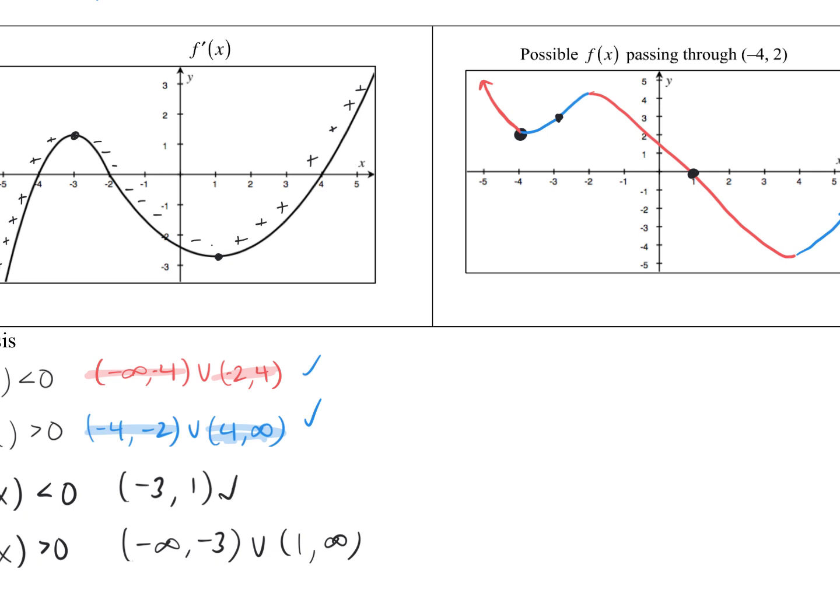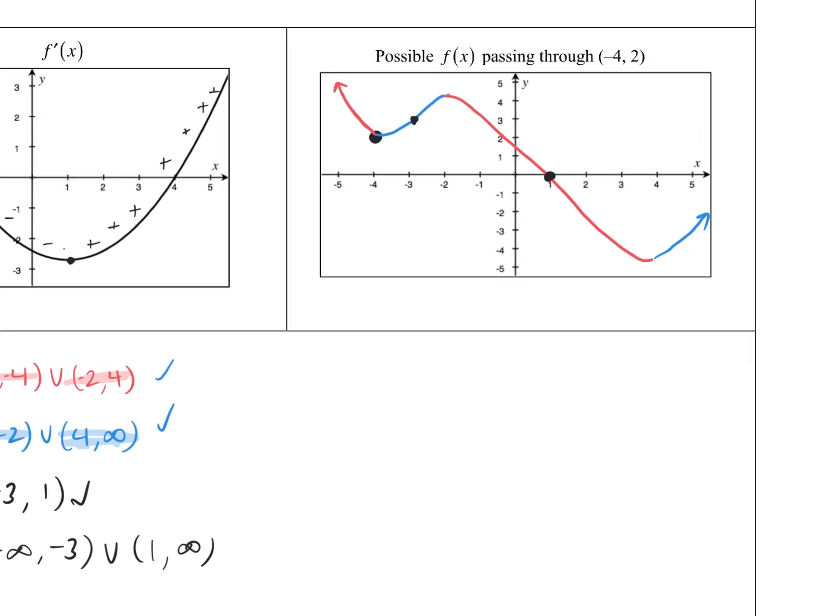Okie dokes. And then it is concave up on the intervals -∞ to -3. So right here, we are concave up. That is true. And then from 1 to infinity. Those are both true, right? Perfect. Again, this is a possible graph. It could have looked slightly different than what I have here. Okay?